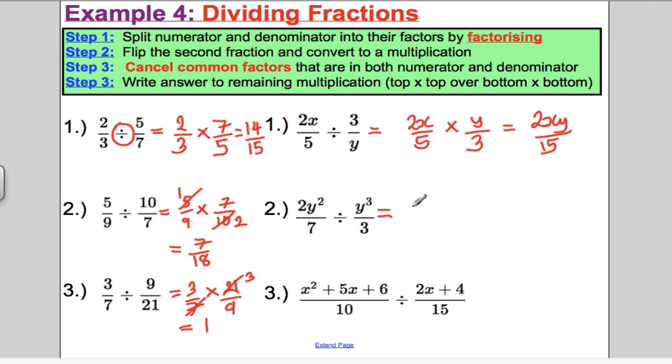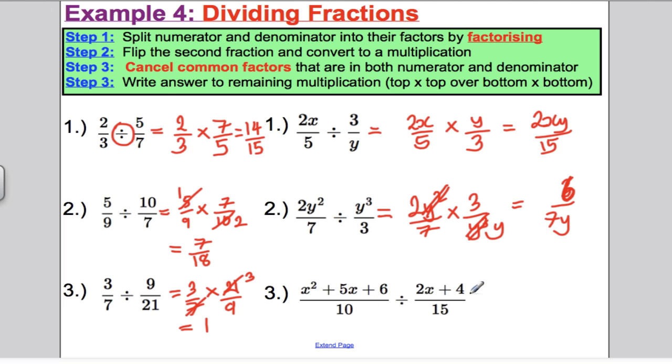Change to a multiplication, with 2y squared over 7 multiplied by 3 over y cubed. Anything that we can cancel? Well, there's a y squared on top and a y squared times y on the bottom, or a y cubed, so we'd be left with 1 over y if we cancel that y squared. 2 times 3 would be 6 over 7y.